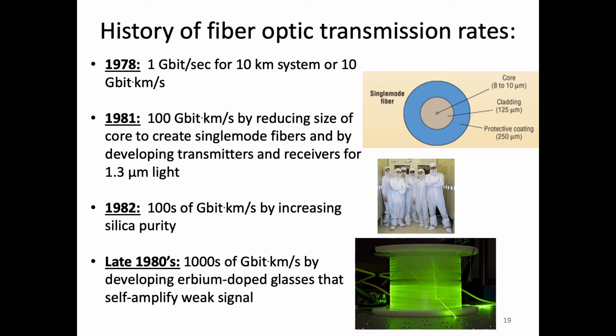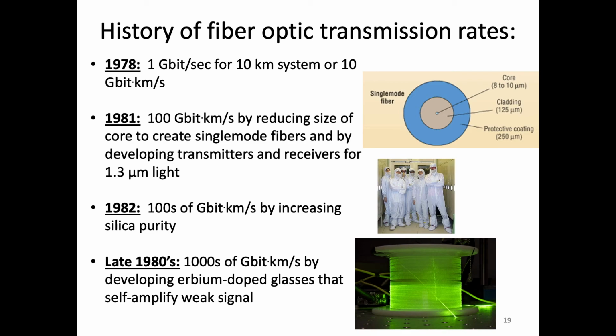A year later, we can get hundreds of kilometers per second, so we're a lot higher within a year, and we did that by increasing silica purity. Again, impurities are a big issue here, so if we can increase purity, we can increase this.